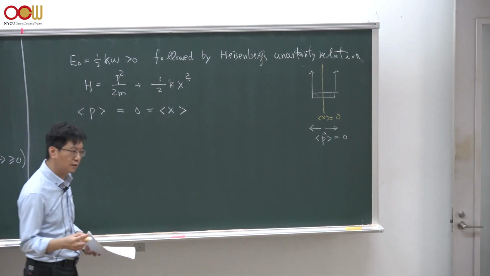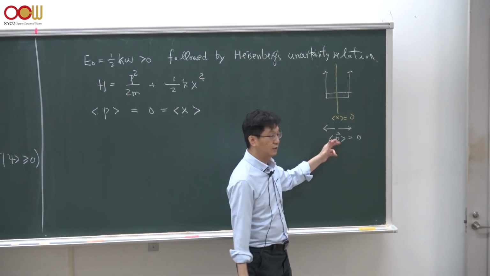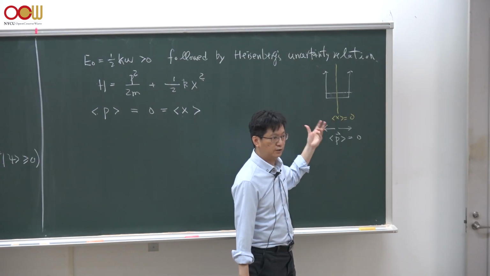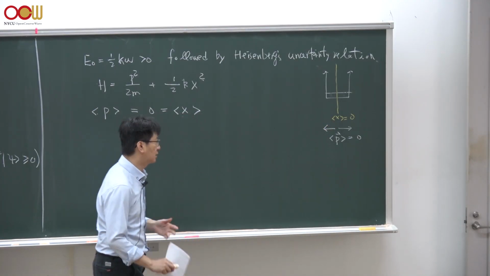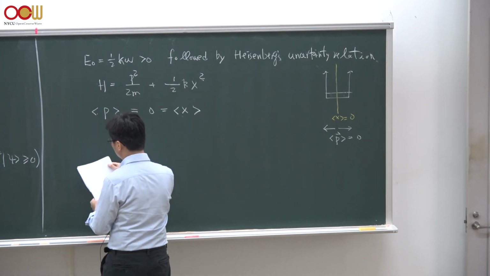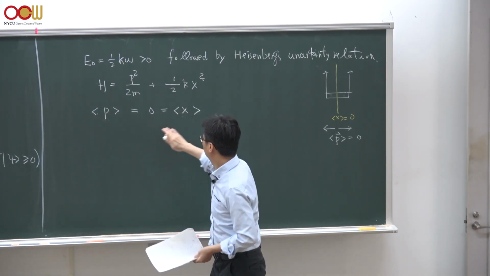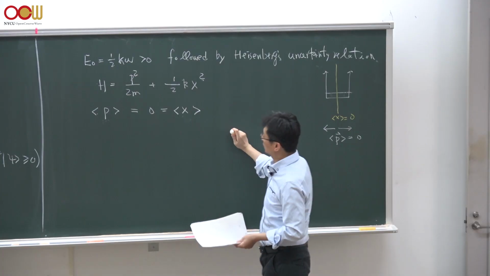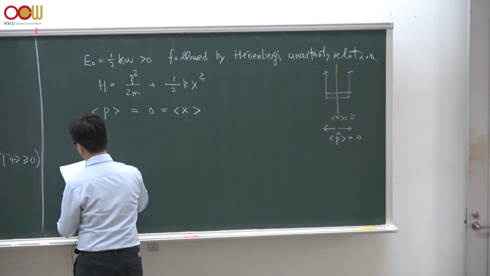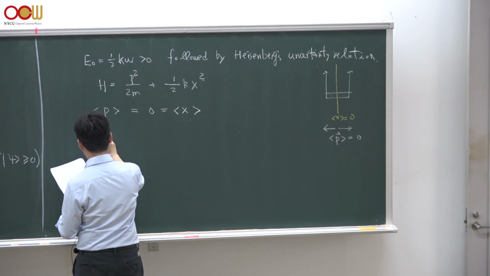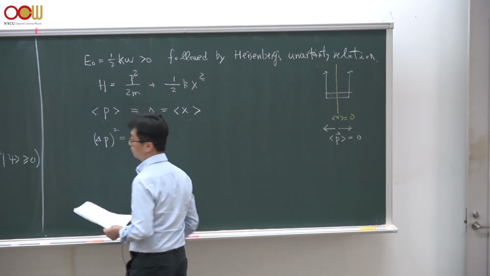This does not necessarily imply that the particle is standing still. The particle does move. The evidence that the particle moves is not from this first order momentum and position operator, but it comes from the second order, the square of the momentum operator.